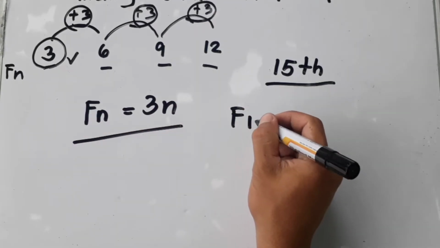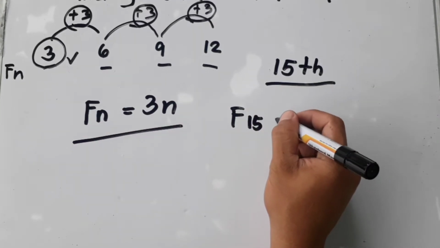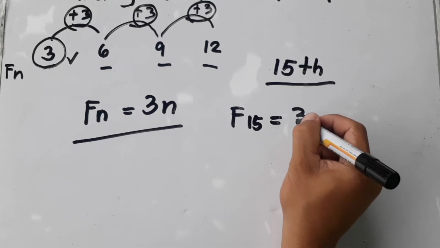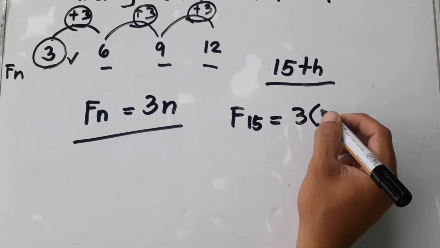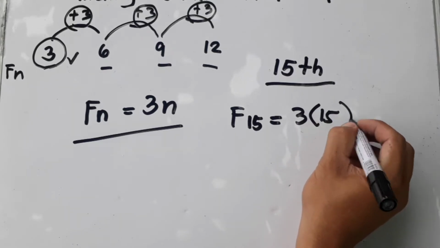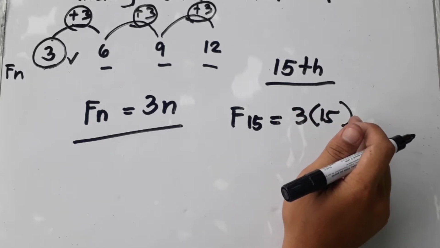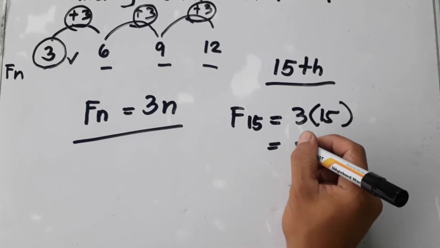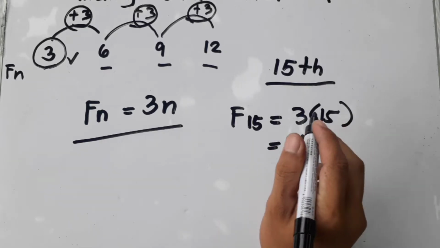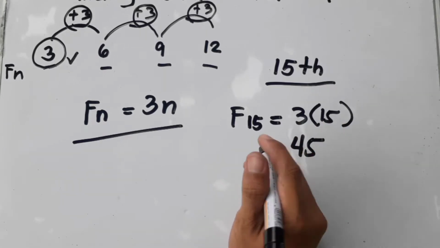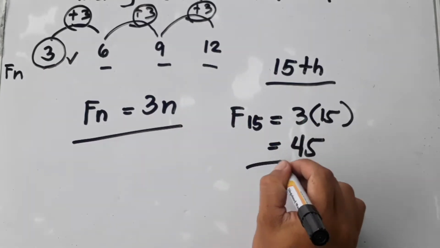So we have f sub 15 equals 3 times 15. So we have 3 times 15 is equal to 45. So our 15th term for this sequence is equal to 45.